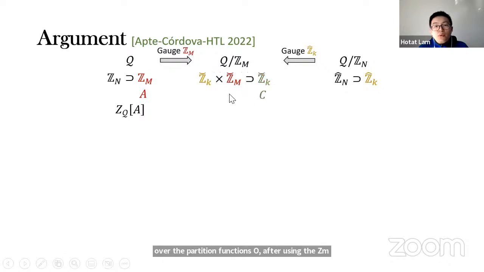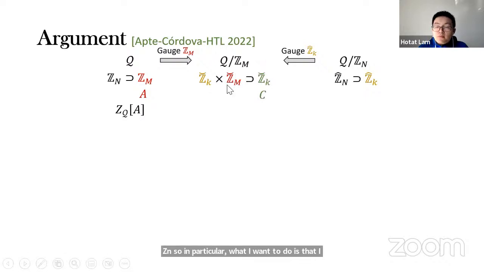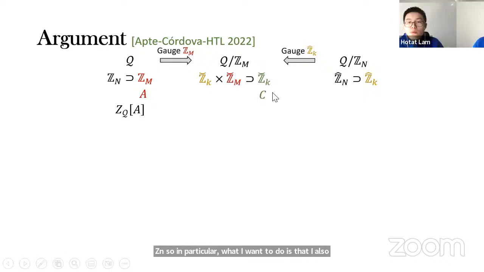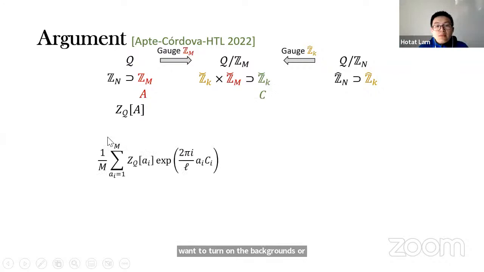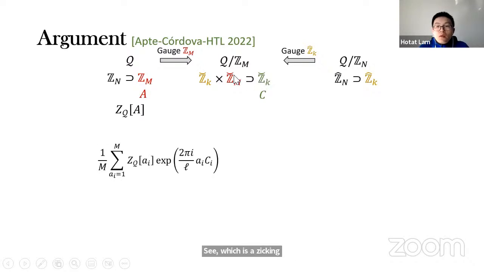In particular, I also want to turn on the backgrounds for a Zk subgroup of Zn, which I'll couple to a background C. This is the partition function that I will get after gauging if I turn on the background C, which is a Zk subgroup of Zn. The next thing is that I can also start from Q mod Zn and see what happens if we gauge the Zk symmetry.